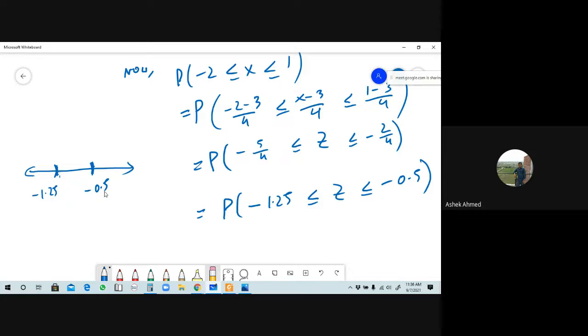Okay, after defining these points, from this inequality, can you say this represents only one interval? Is it right?